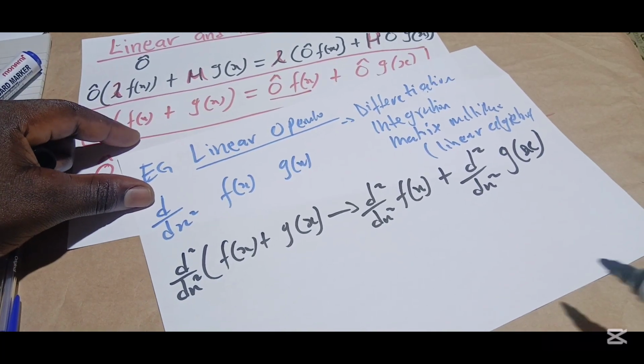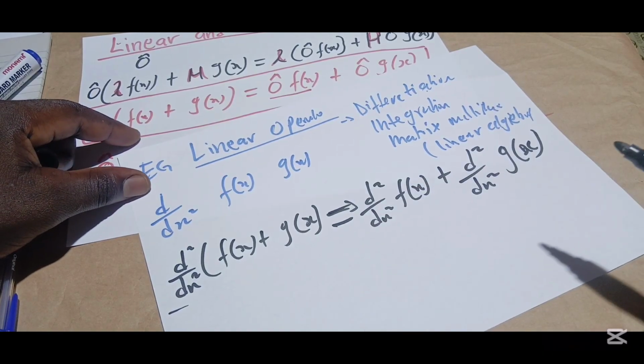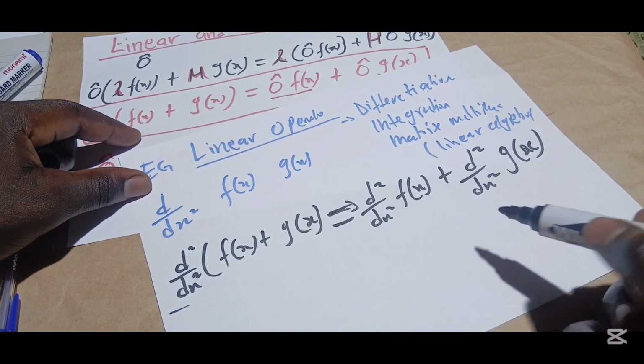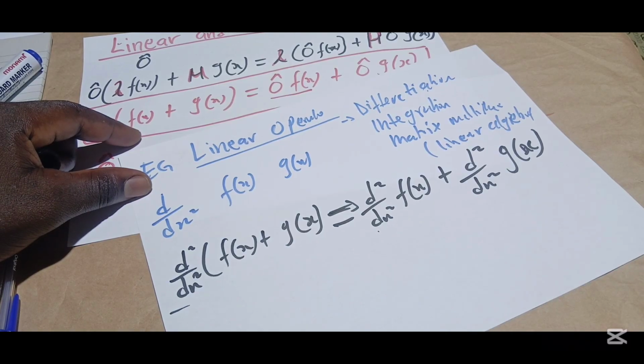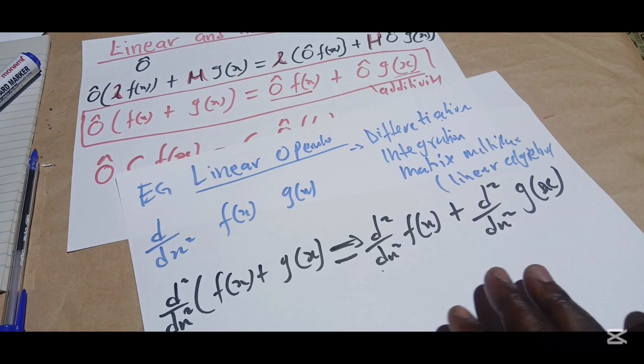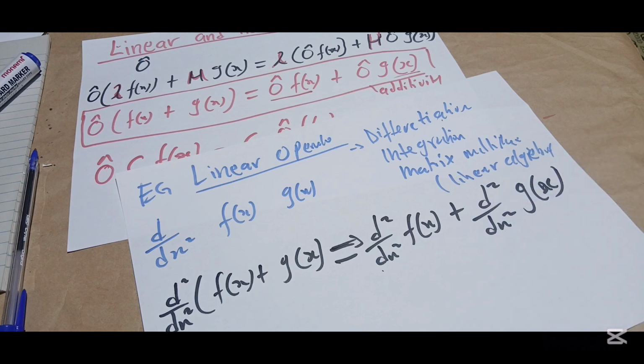And we can actually see that this and that are the same, right? So what you have to know is that differentiation, integration, and matrix multiplication are linear, right? And we'll be using this in our quantum mechanics journey.